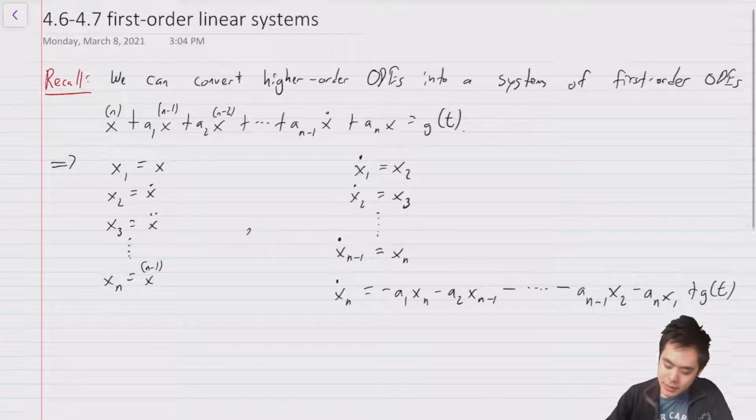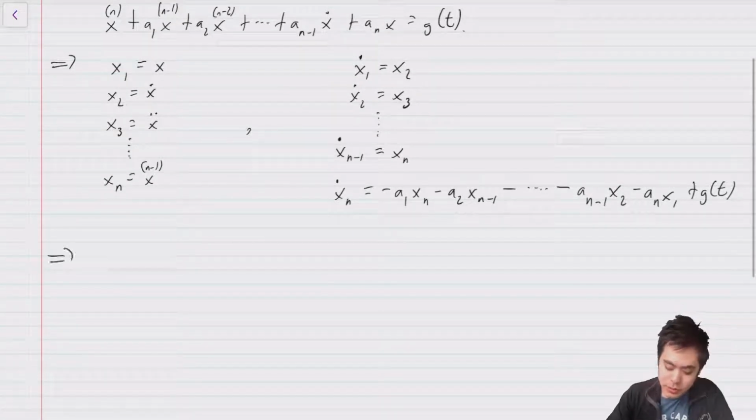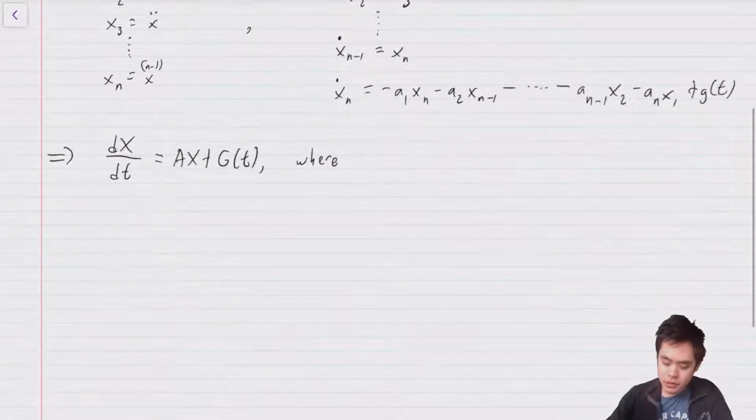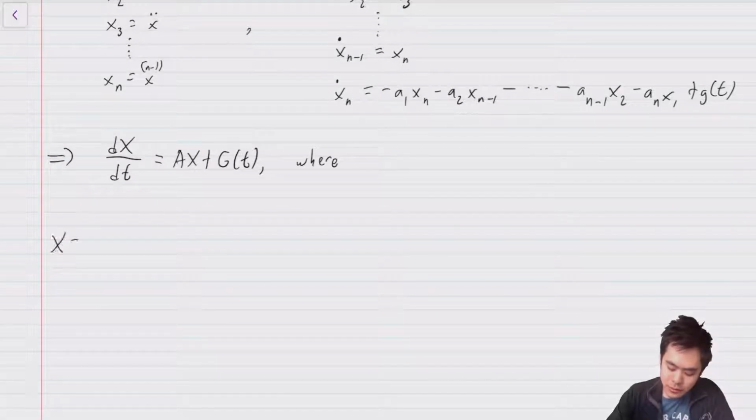Okay, and we can rewrite this in matrix form, which is pretty standard. Let's rewrite this as dx/dt is equal to Ax plus g of t, where, of course, x is a column vector of each of our individual x1 through xn variables.